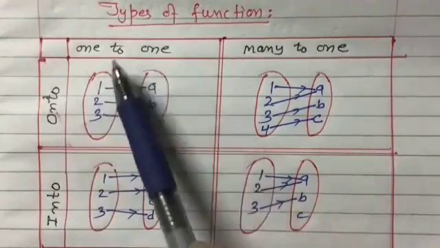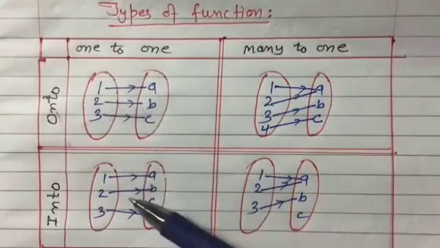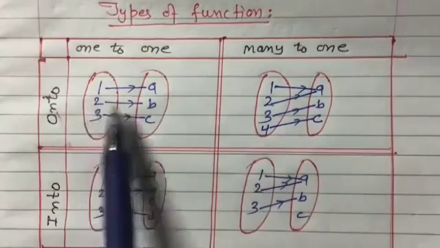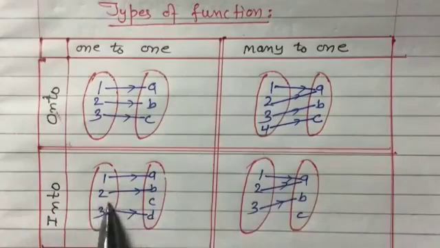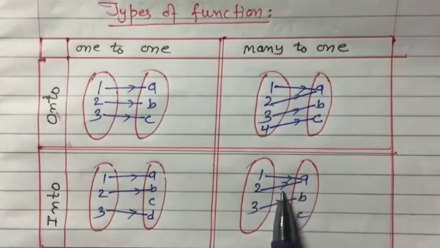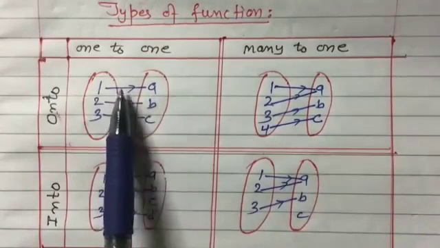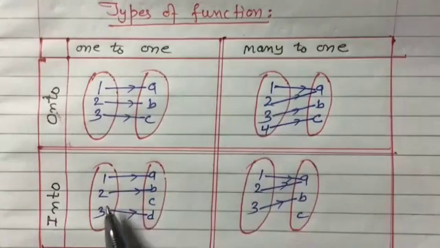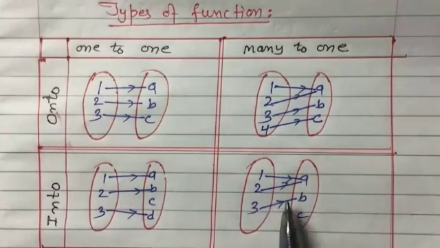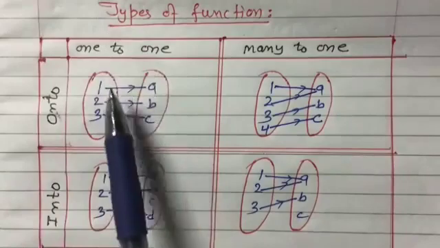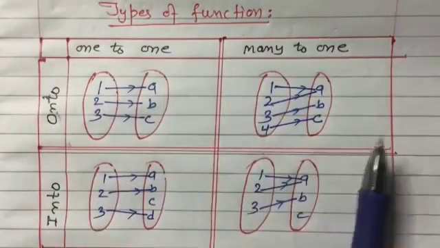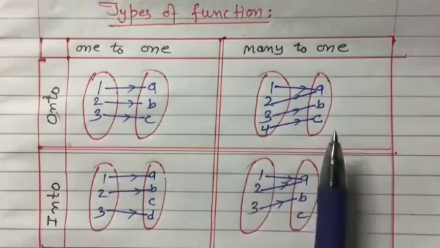In this way we can write this as one-to-one onto function, many-to-one onto function, one-to-one into function, many-to-one into function. So by combination also we have got four types, and single if you define, that is also four types. Both ways I will tell you how to define these.